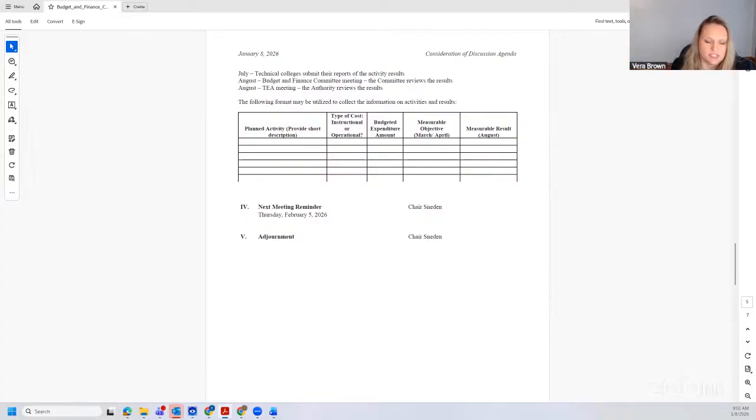Yes, the definitions are provided in order to define instruction and operations because the law did not provide that explanation. And since the Technical Education Authority is charged with setting objectives and making sure that all expenditures are guided, these definitions would then guide the expenditures and how the technical colleges are able to use those funds.